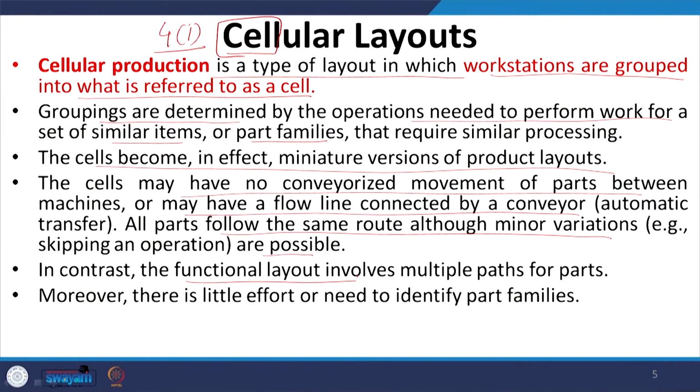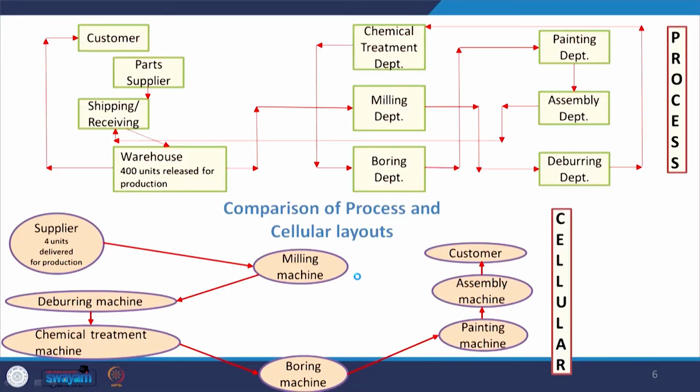And in case of our earlier functional layouts, we have already seen how for producing different types of products multiple paths are required. So, you have actually eliminated the role of those multiple paths by dividing your different types of parts into different part families. So, here you can have a very systematic comparison between your process and cellular layout.